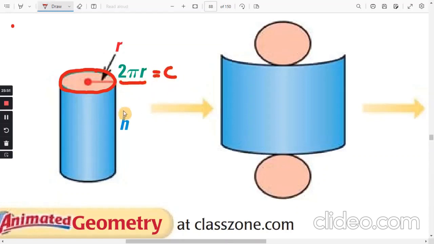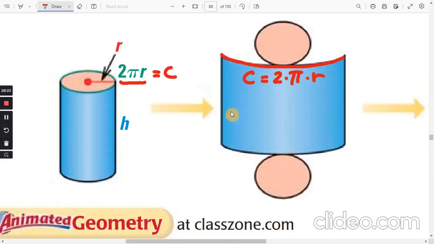Now, when you unroll the soda can or the cylinder to get the surface area, this distance around the circle is going to be this right here. So that's your circumference, and the length of this is just going to be 2 times pi times r.